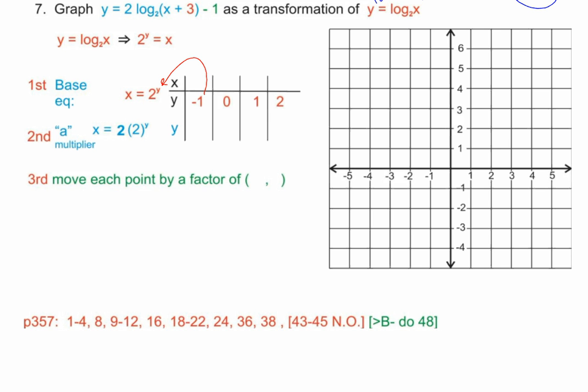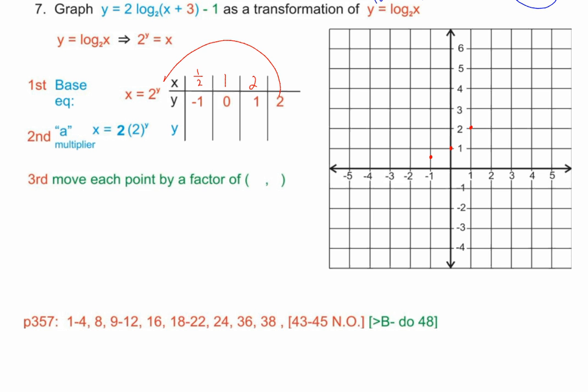What's 2 to the negative 1? Hopefully you say 1/2. So we have the point negative 1, 1/2. What is 2 to the 0? 2 to the 0 is 1, and we have the point 0, 1. Again, you can pause the video at any time if you need help. 2 to the 1 is 2, so we have the point 1, 2.